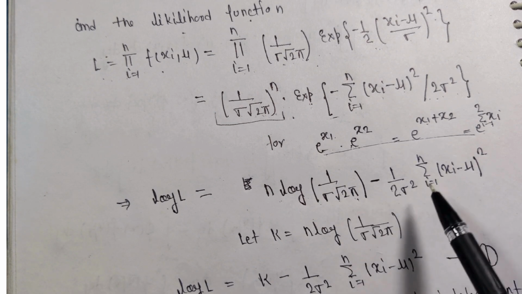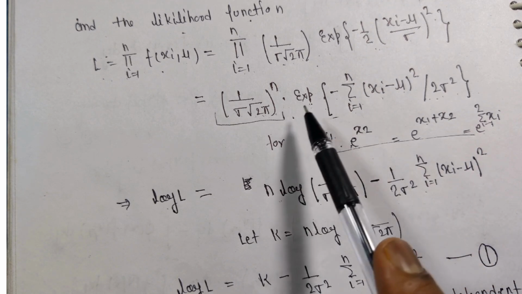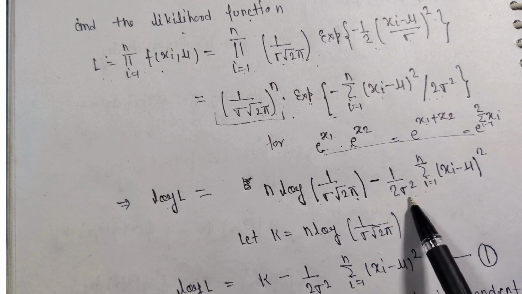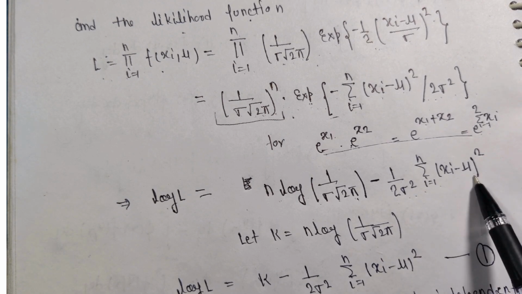Is it clear? And the second term is exponential and we are taking log of the exponential, so it becomes minus 1 upon 2 sigma square summation (xi minus mu) square.